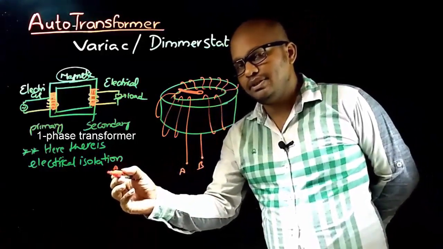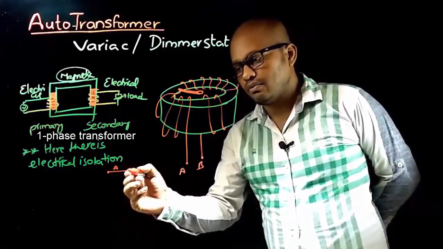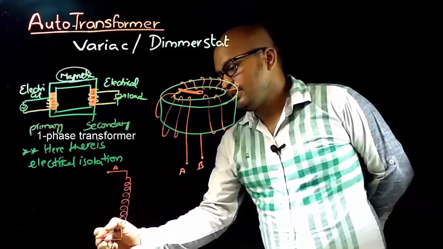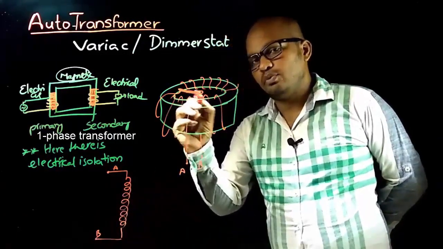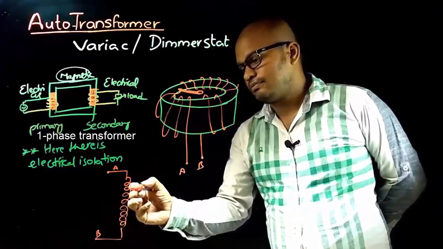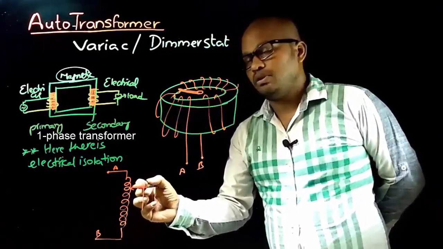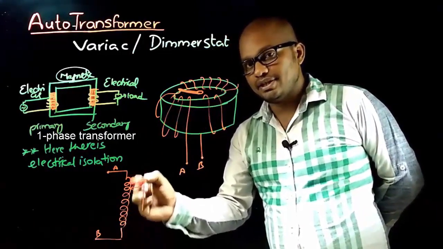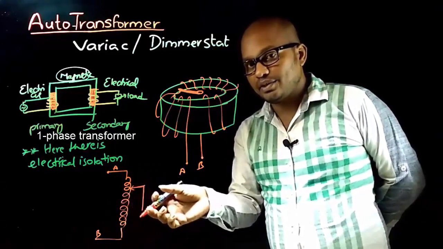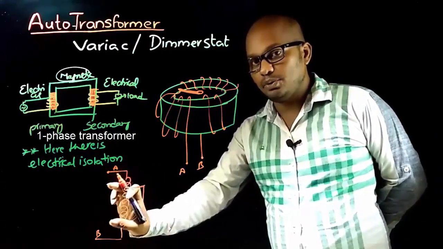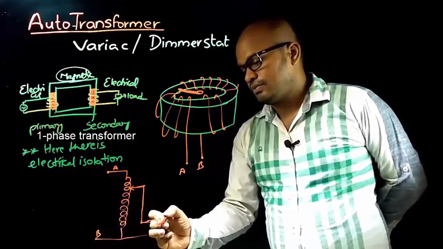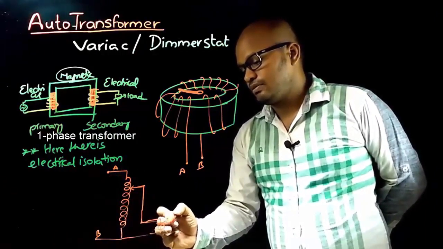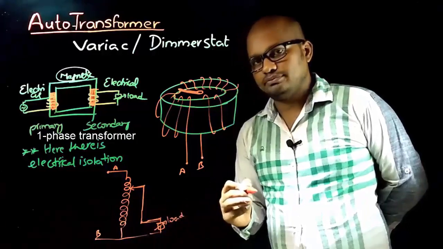Let us suppose this be the A end of this winding, and this be the other end of the winding, and this moving contact is this, which can be moved over these number of turns to get the required voltage from the available input voltage, which is given to the load.